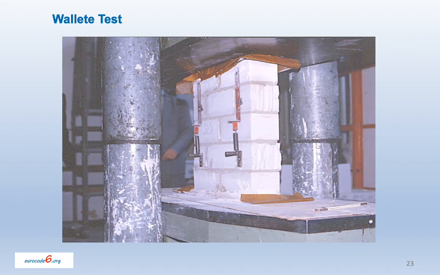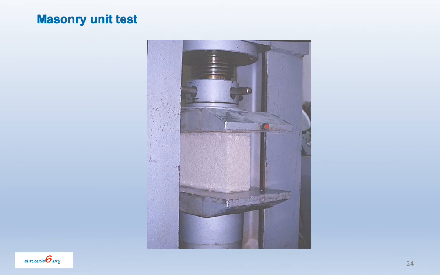To determine the characteristic compressive strength of masonry in accordance with 1052 Part 1, wallet specimens are used. To determine the compressive strength of masonry units, whole masonry units are used, although the method of preparation and conditioning is material dependent.